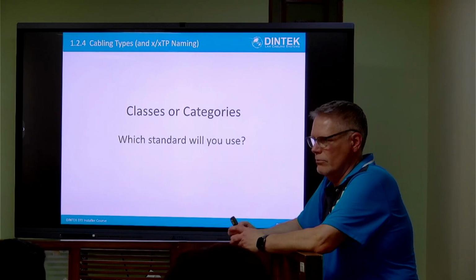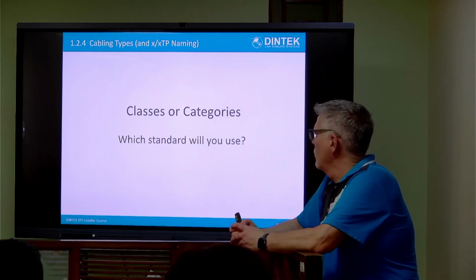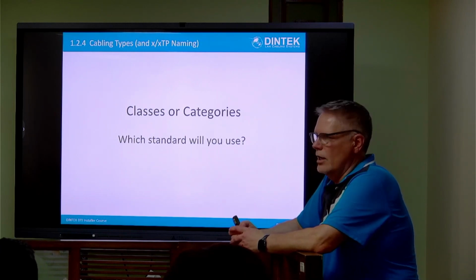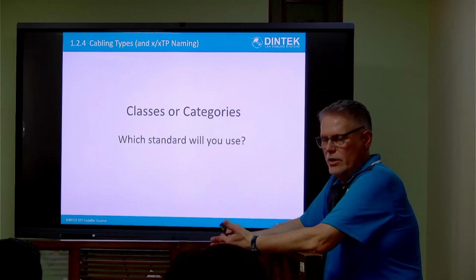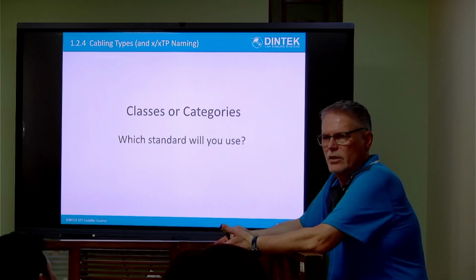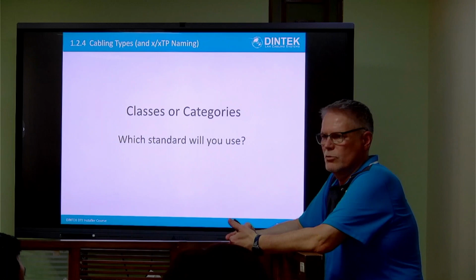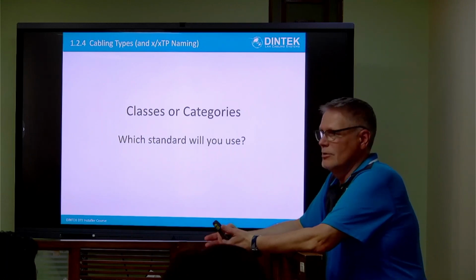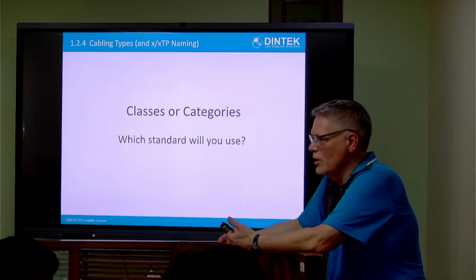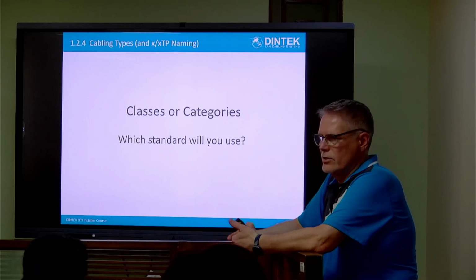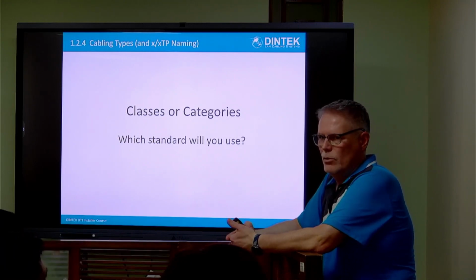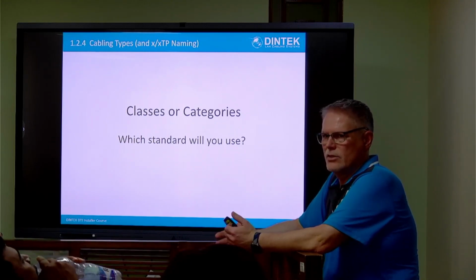Use category. Okay, so in countries where they use the ISO 11801 standard, they don't refer to cables as category, or they should. They're called classes.